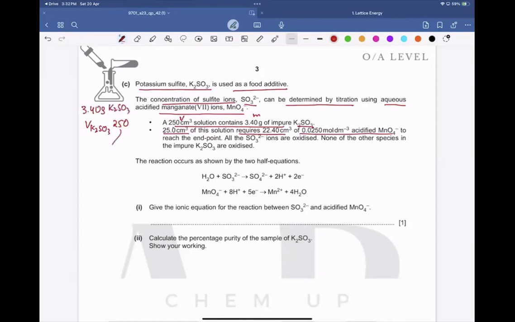From this 250, 25 cm3 is taken out, and for this 25 cm3, 22.40 cm3 of manganate has been used, and the concentration of that manganate solution is 0.0250.